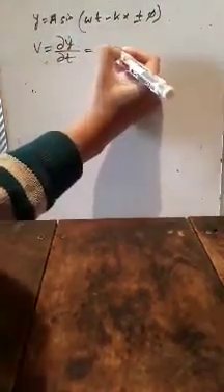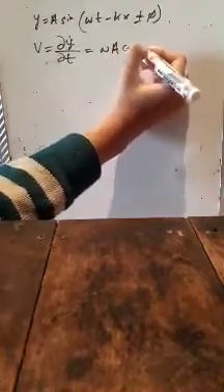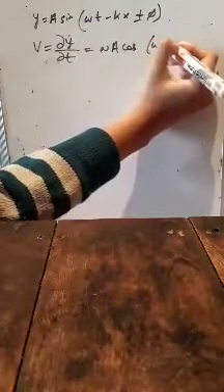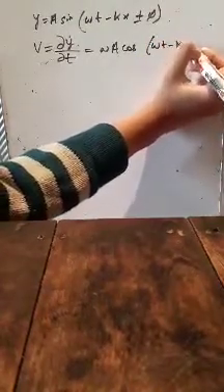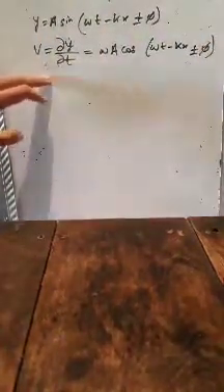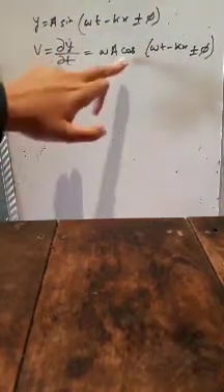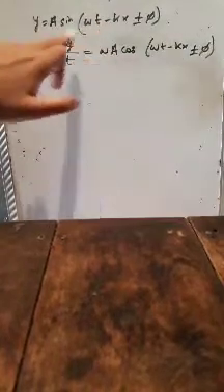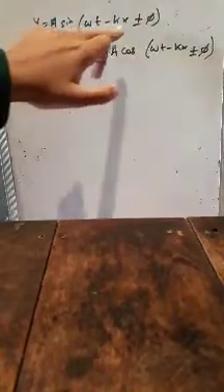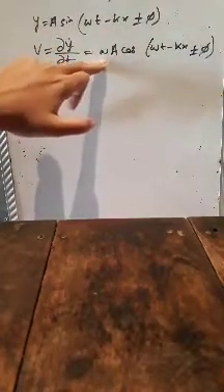So what will be the value? Using the mathematical concept, it will be omega a cos within bracket (omega t minus kx plus minus phi). We are writing it as the differentiation of the first equation, differentiated one time. We had a sin within bracket in the previous one, so after differentiating it, all the constants will come out.